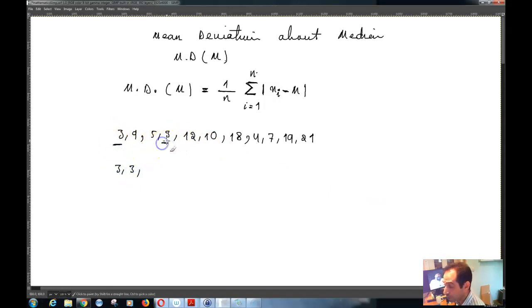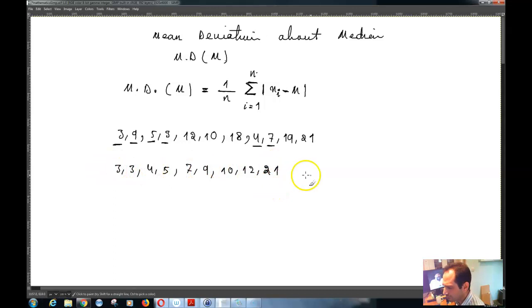So these two are taken care of. Then you have 4 and 5, then 7, 9, and then 10, 12, and 21.